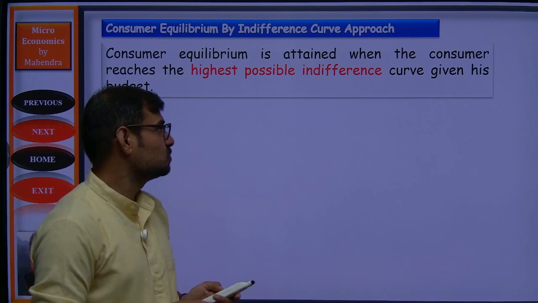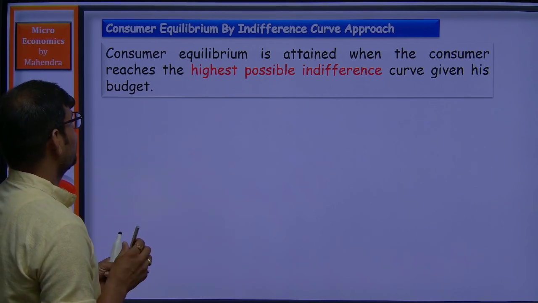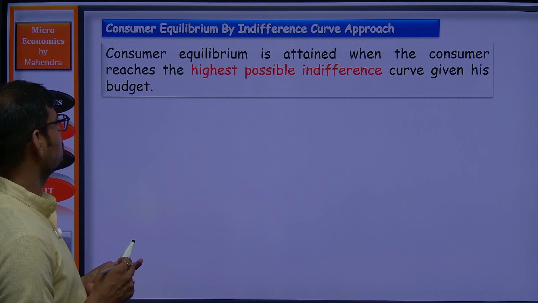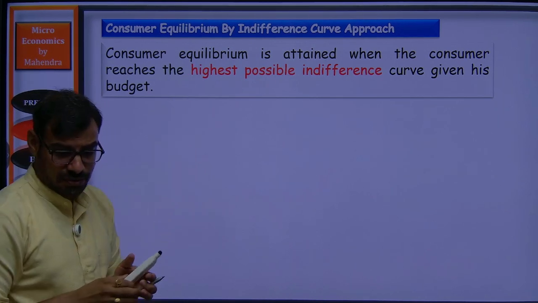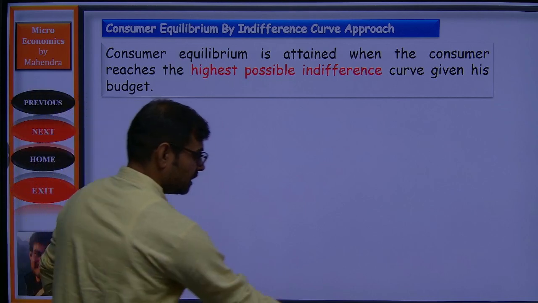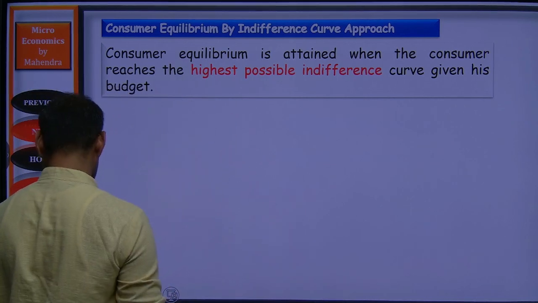So let us go to the definition of consumer's equilibrium. Consumer equilibrium is attained when the consumer reaches the highest possible indifference curve. So what is this highest possible indifference curve?